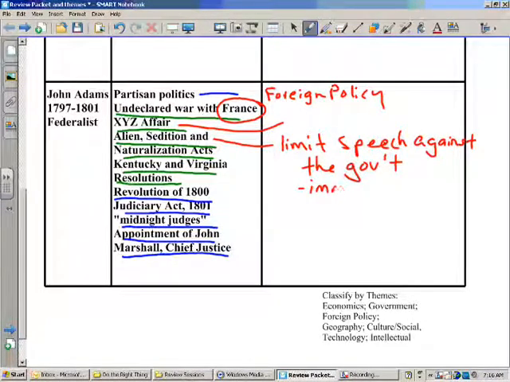Now, the other political party, as we see here with the partisan politics, led by Thomas Jefferson and James Madison, believed this was the president overstepping his powers as interpreted in the Constitution.